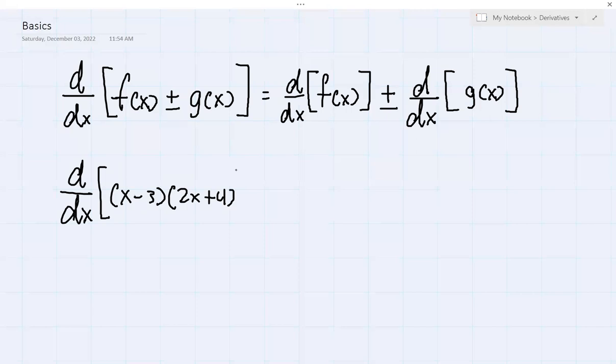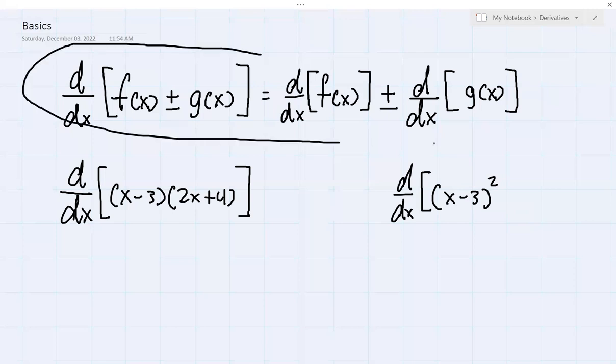Kung kaya natin itong i-differentiate yung naka-factor, then paano naman kaya if we have this one? A given polynomial, sabihin natin x minus 3, pero meron siyang exponent. So, paano yun? Does it apply to the other given polynomials na may exponent with the use of this rule?